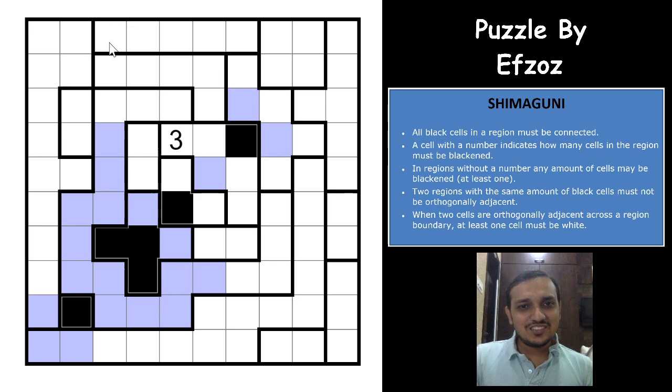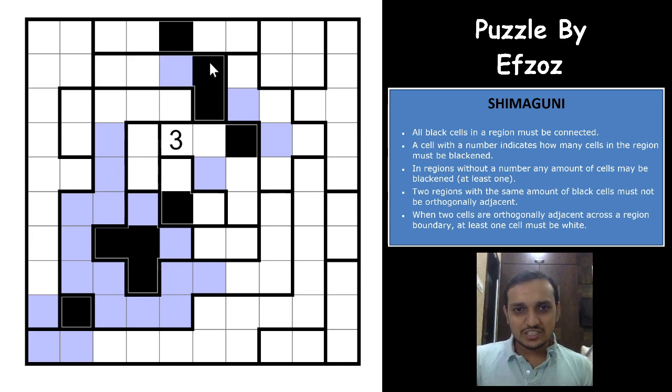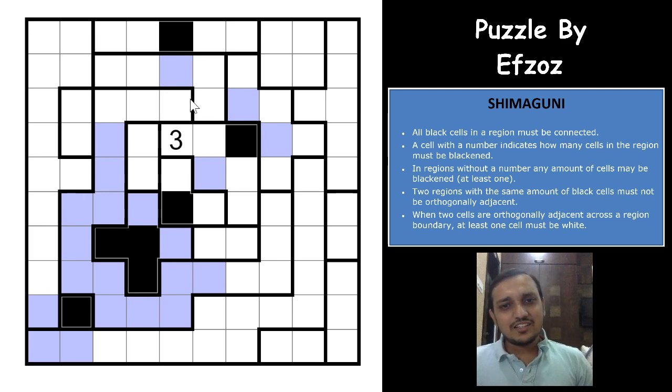And which means that this region will have 3 shaded cells, which shades this cell, unshades this cell. And this region will have either 2 shaded cells here or 2 shaded cells here. And as we have earlier deduced that this region will either have 4 shaded cells or 2 shaded cells, because 3 is not possible, 1 is not possible, and 2 is now also not possible.